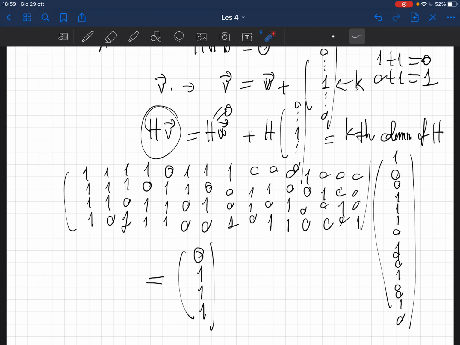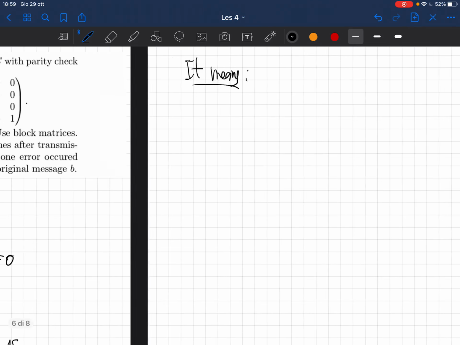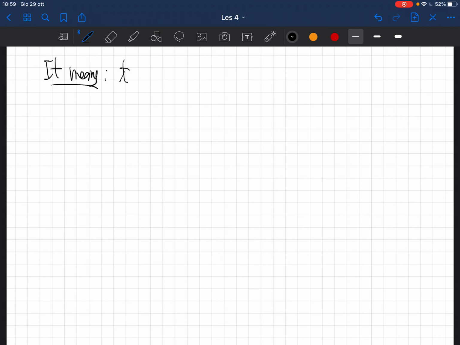So what does this mean? It means that there was an error. The error was at the fifth position.